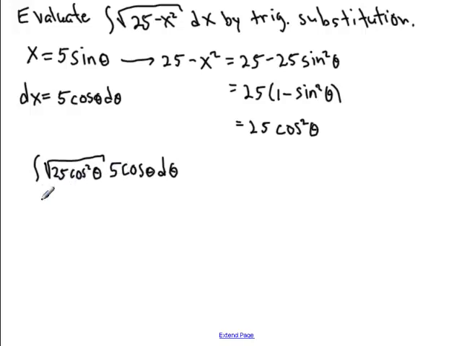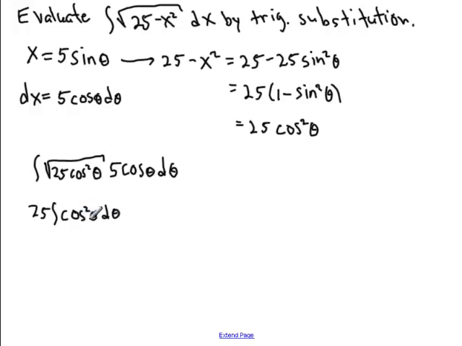So let's take the square root of this expression. That's going to give us 5 multiplied by 5, which is 25, times the integral. And the square root of cosine squared is just cosine, but we have this extra cosine, so we're back to having cosine squared theta d theta.